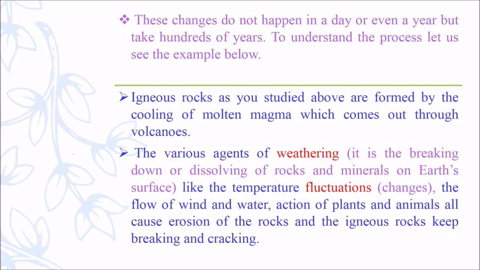So, the various agents of weathering break down rocks, like the temperature fluctuations. Here, fluctuations means changes. The flow of wind and water, action of plants and animals, all cause erosion of the rocks, and the igneous rocks keep breaking and cracking.